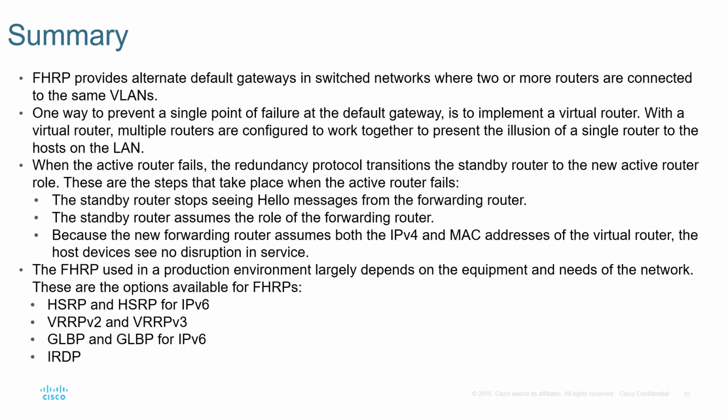When the active router fails, the redundancy protocol transitions the standby router to the new active router role. The standby router stops seeing hello messages from the forwarding router and assumes the role of the forwarding router. Because the new forwarding router assumes both the IPv4 and MAC address of the virtual router, the host devices see no disruption in service. These are the available options for FHRP.